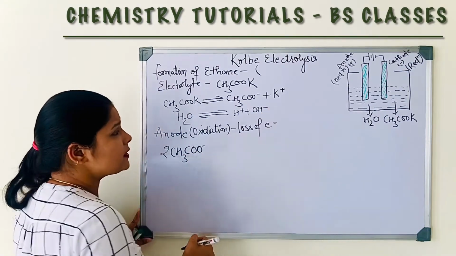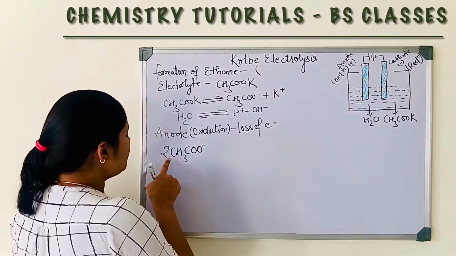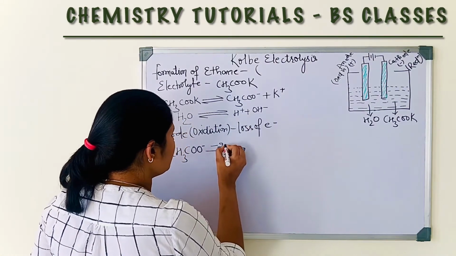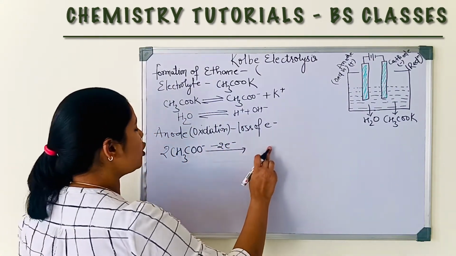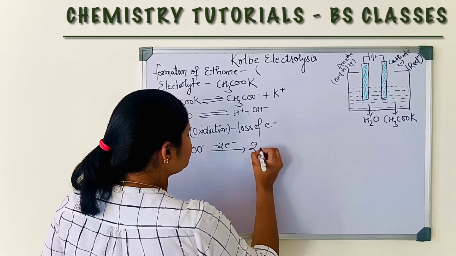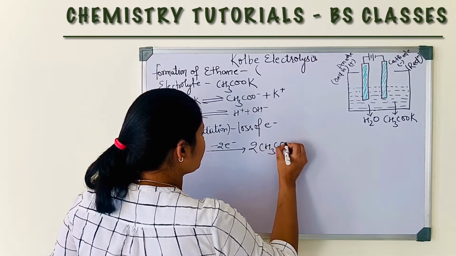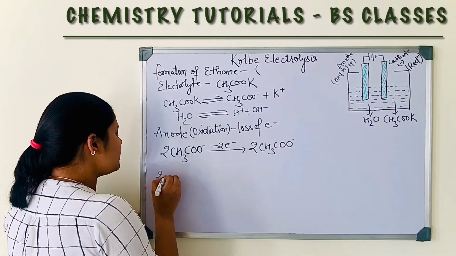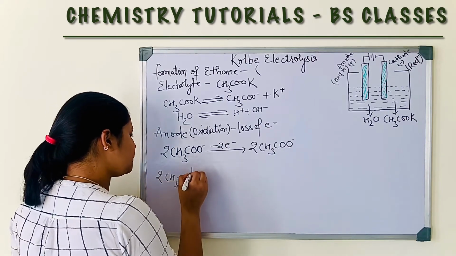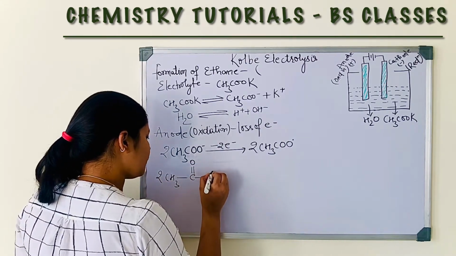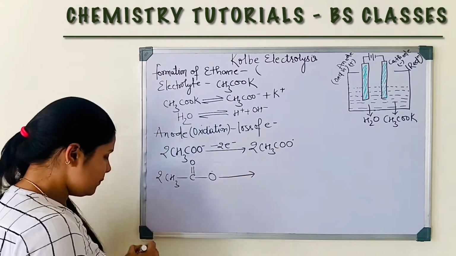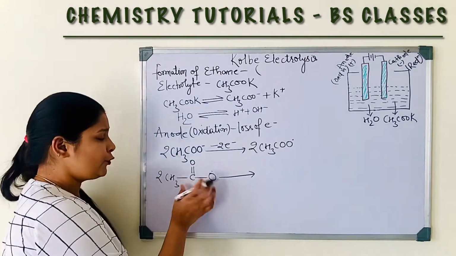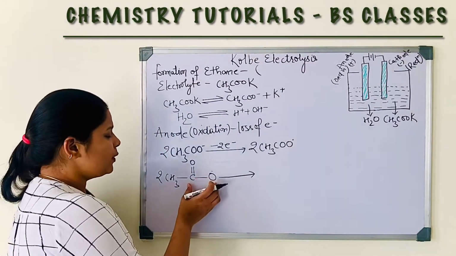Here oxidation takes place, that means loss of electron. If we have 2 molecules of acetate, that means loss of 2 electrons and formation of 2 molecules of acetate radical. If we focus on the mechanism, then this oxygen is an electron deficient center and the electronegativity of oxygen is very high.